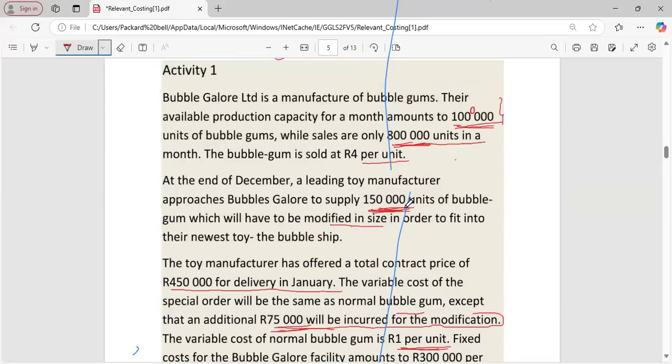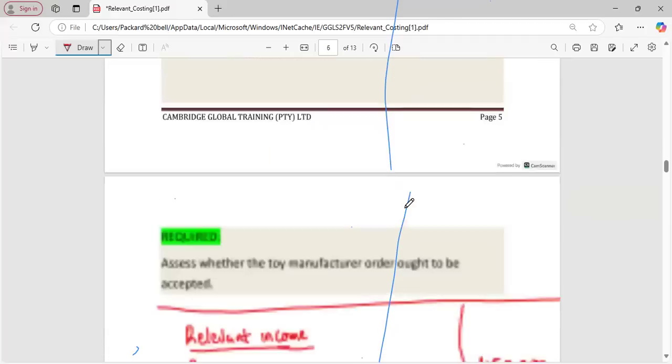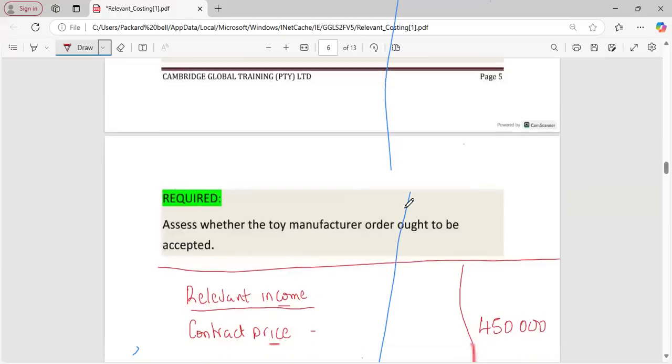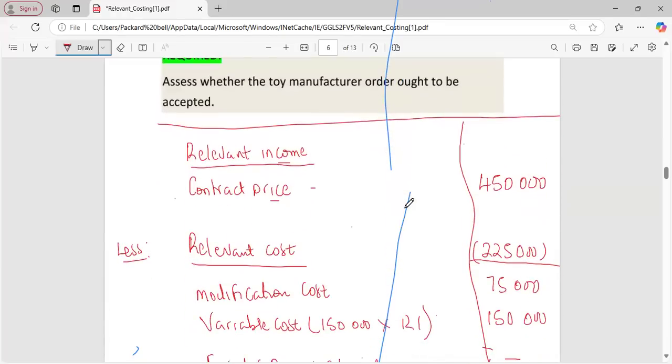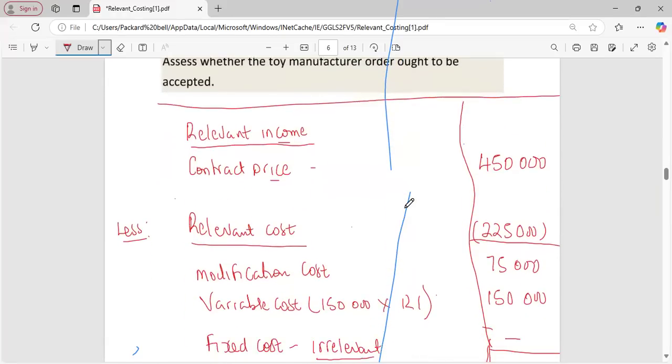Yes. Right. Remember, as long as you understand that you are going to deal with relevant cost, it means there is no need for you to compare those relevant costs with irrelevant costs.